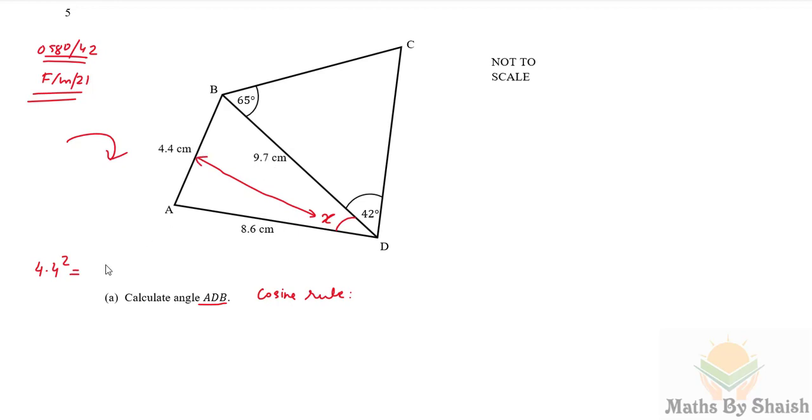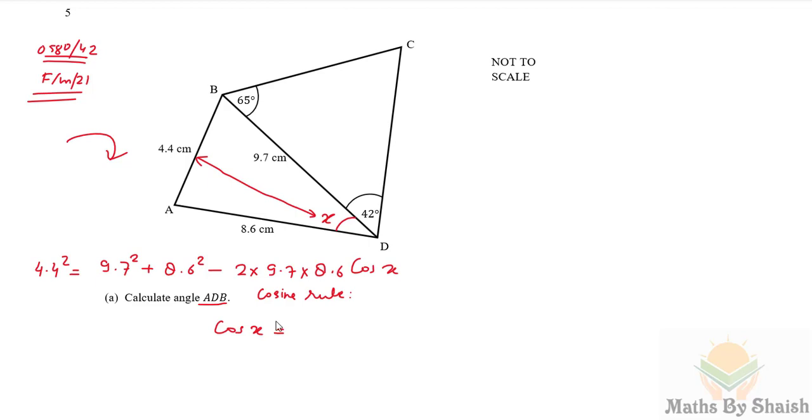After 4.4, 9.7 comes, so 4.4 square equals 9.7 square plus next side 8.6 square minus twice of these two, that is 9.7 into 8.6, and cos of the angle opposite to this side, and that is here X. So from here we can directly write cos X, and if we remember the other formula, by transferring everything to one side and having cos X on one side, then we can use that formula directly.